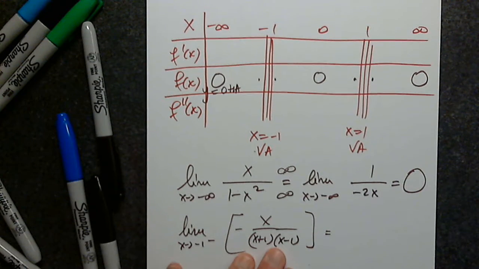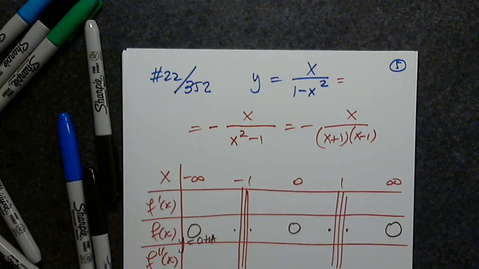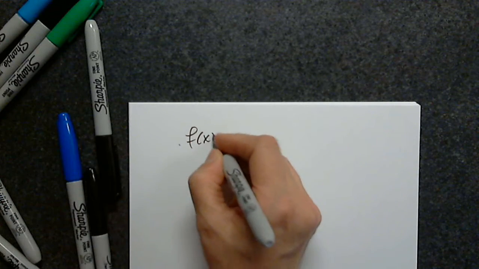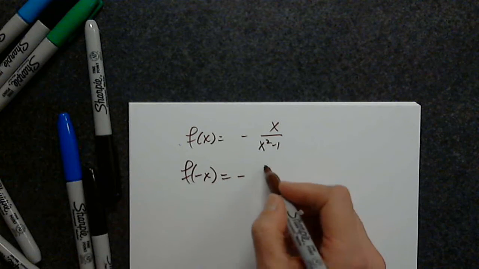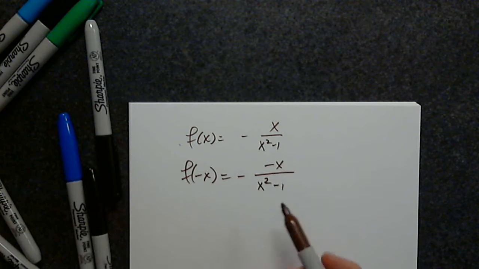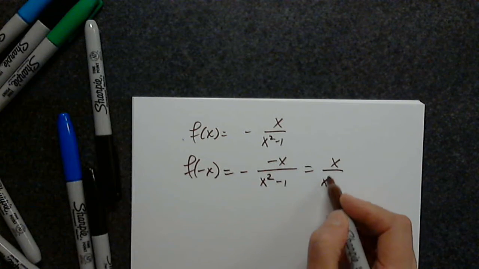Is this function symmetric before we continue? Because if it is symmetric, then it would be easier to determine, and I don't have to write all these limits. When we replace x by negative x, we will get the opposite of the function. So let's do that before I continue. The function is negative x over x squared minus 1. And when I determine f of negative x, nothing changes in the denominator, but the negative and the negative become x over x squared minus 1.